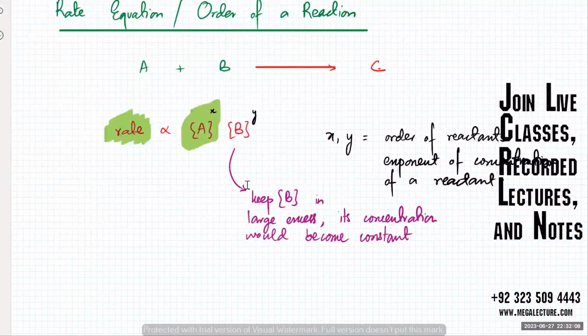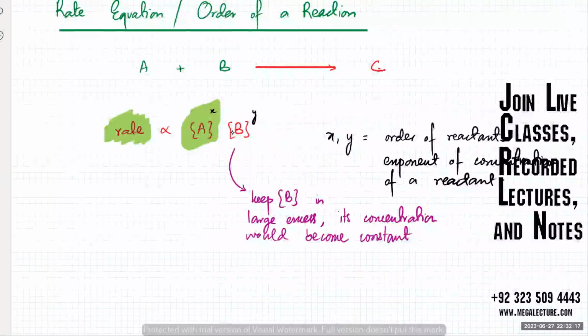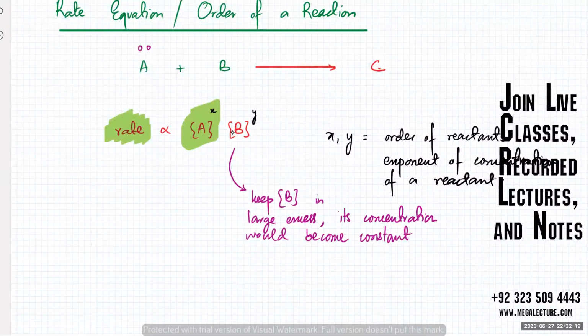If you have something in very large excess, then even if a few particles get used up in the reaction, like if you have two particles of A and 10,000 particles of B, and they're reacting 1:1, then if one particle of A reacts, its concentration decreases by half.